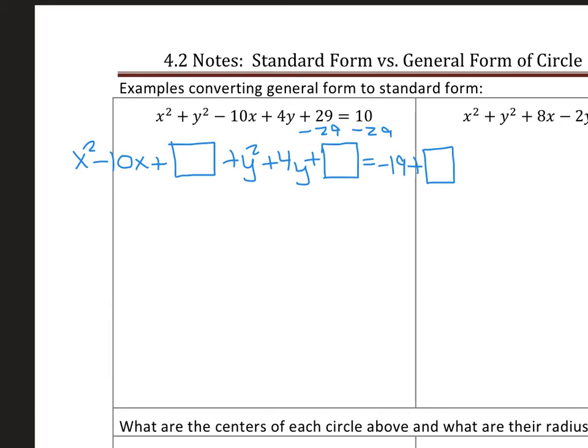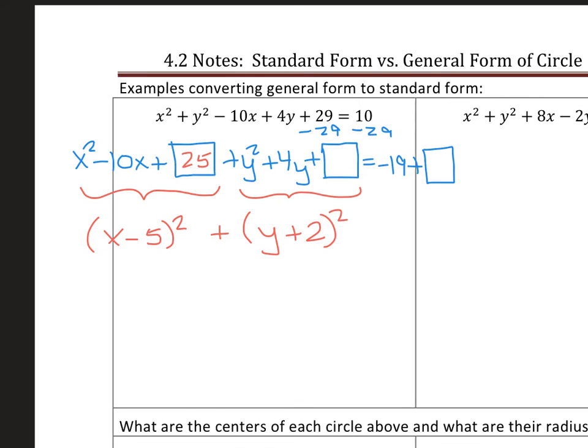So we're going to start to look at making the perfect square. So we have negative 10. So I have x minus 5. Half of negative 10 is negative 5. And when I square that negative 5, I have 25. And then I have half of 4 is 2.